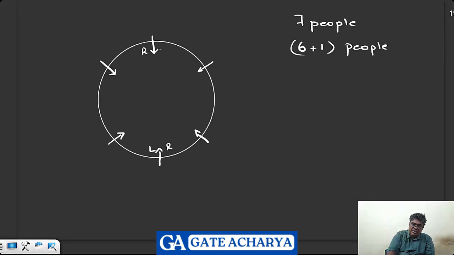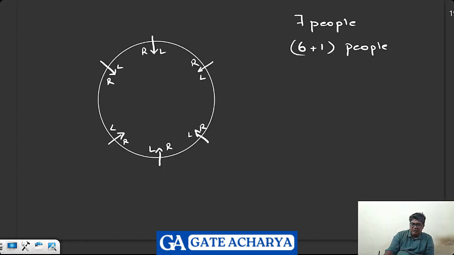For him, this is the right and this is the left. What about the person sitting here? For him, this is the left, this is the right. For this person, this is left, this is right. Based on the direction sense, you have to understand left and right. Start with this person, the bottom person, the easiest person to manage.